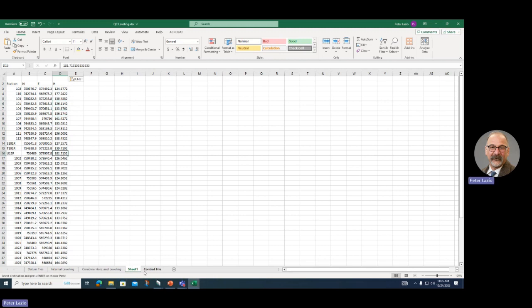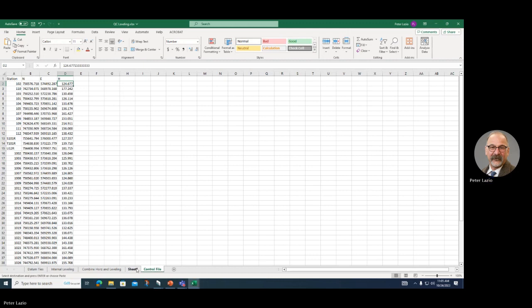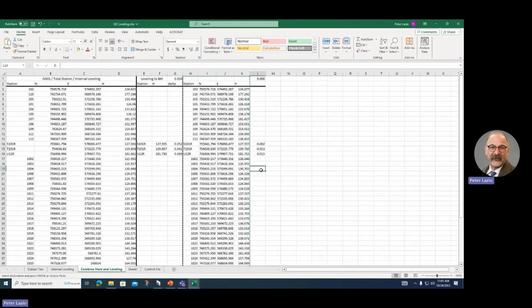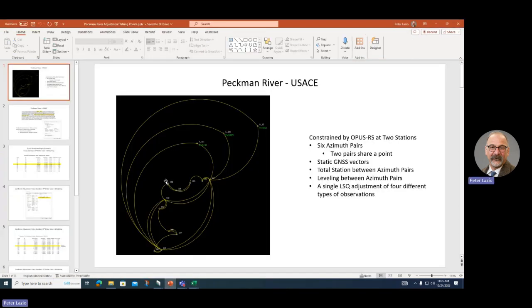I have not hit my benchmarks. I didn't hold my benchmarks. I generally try not to hold benchmarks in an adjustment. In this case, they're all up to the north, and little differences can introduce a tilt in the adjustment. So I prefer to do that simple translation up and down.